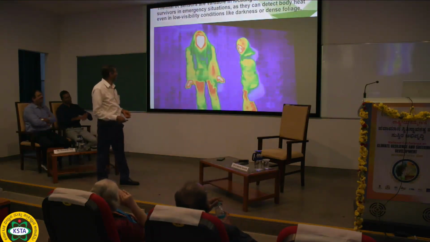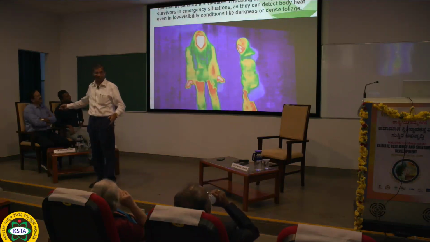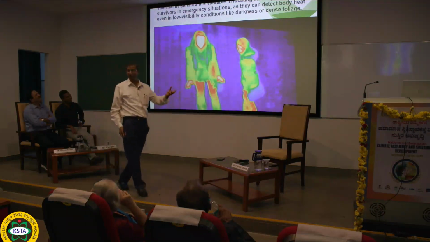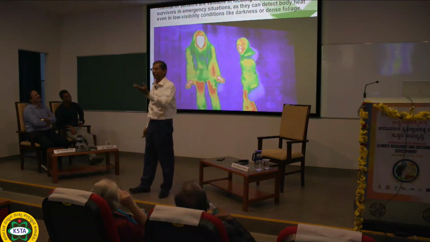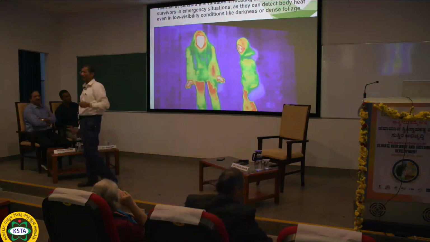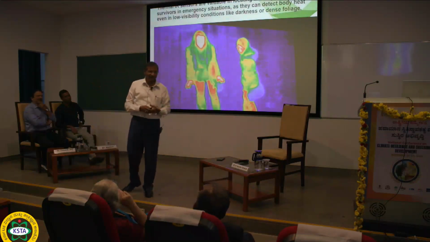See, what Dr. Ganesh was mentioning, the invisible thing can be made visible through these thermal sensors. Like you can identify the people, if it is a heavy flood, people are somewhere in an isolated place.